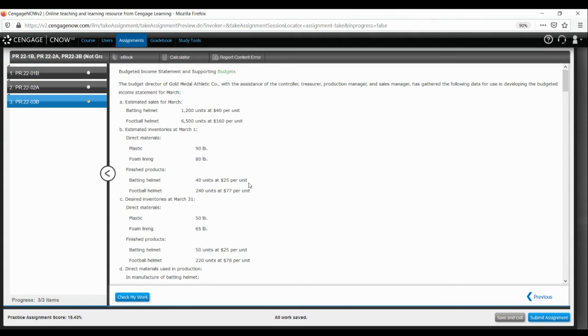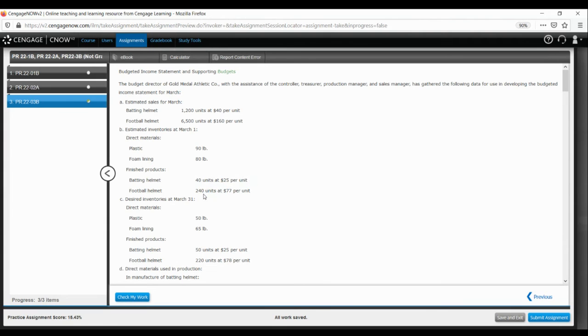So I would write this down. I would put 40 units that were in beginning inventory for your batting helmets, multiply that by 25, and that will give you $1,000.